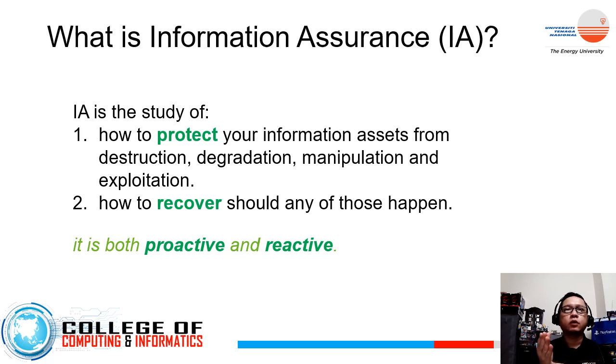What are the risks involved in obtaining or using the asset? And then how do we respond should the event happen? So that is basically information assurance. You have a proper assurance should anything happen to your asset, and then you properly plan what the control mechanisms are to protect that asset and what should be done should a certain event happen. All right, so that is information assurance.